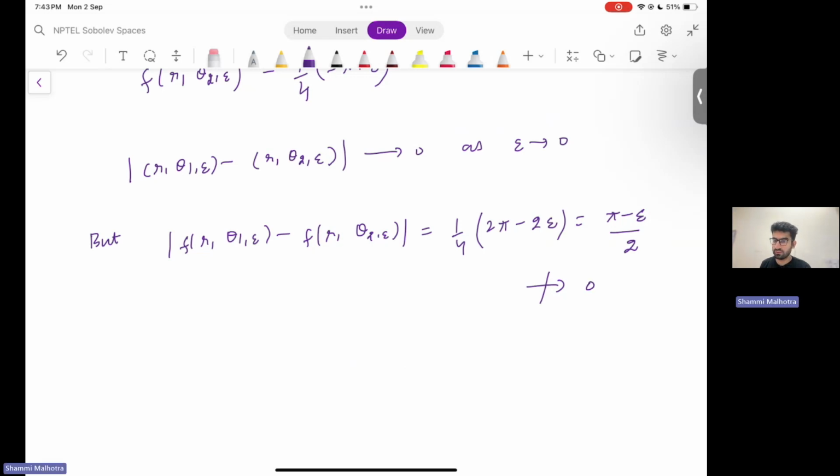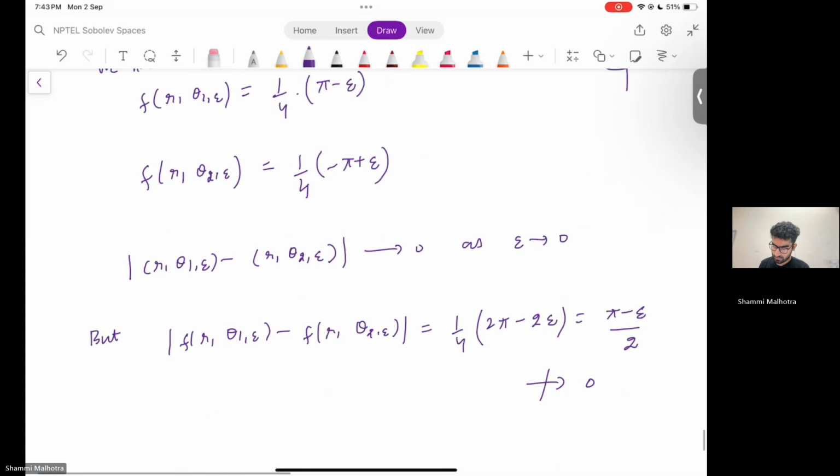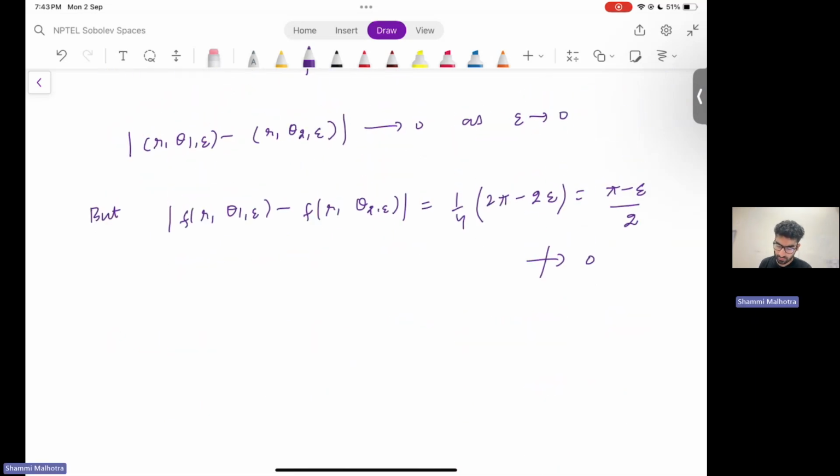So this is not even continuous, so this is not even Lipschitz. This implies that it is not Lipschitz continuous. Because of this, we have an issue, and with this we have something non-intuitive in Sobolev spaces. So with this, we end our session today. Thank you.